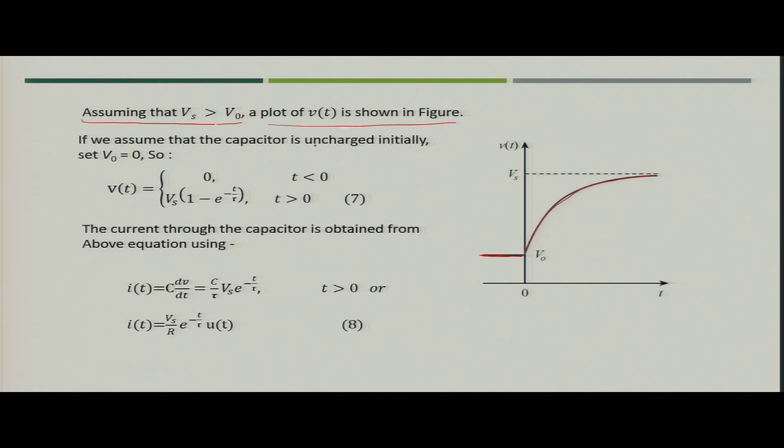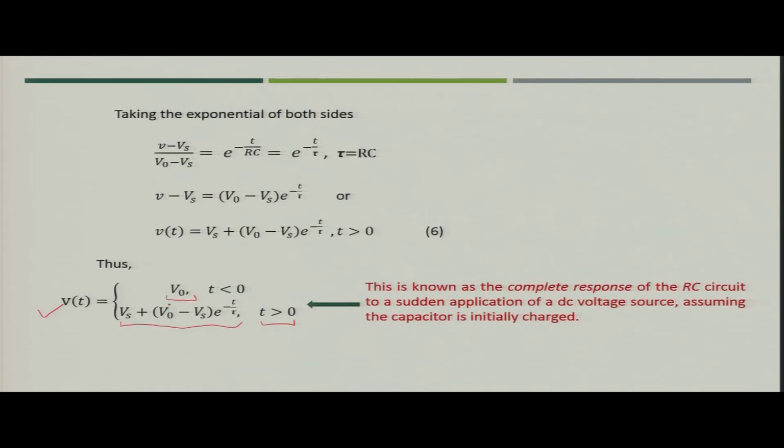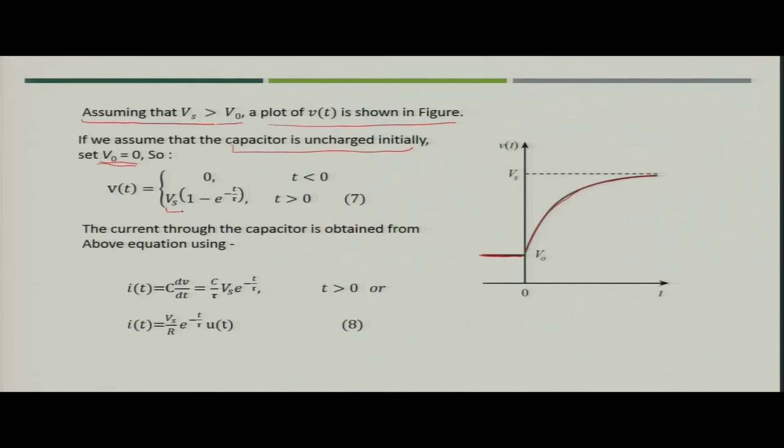Now, let us take another condition. If the capacitor is initially uncharged, that means V naught is 0. So, you have to simply put the value of V naught equal to 0 in this case. What you will get is V s into 1 minus e to the power minus t by tau for time t greater than 0. In that case, your curve will start from 0.